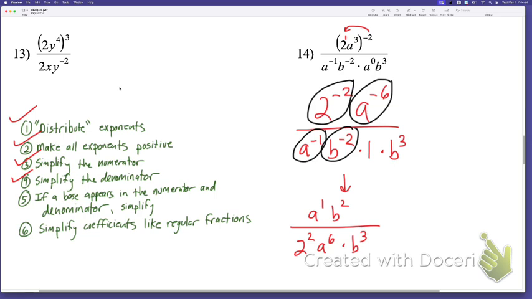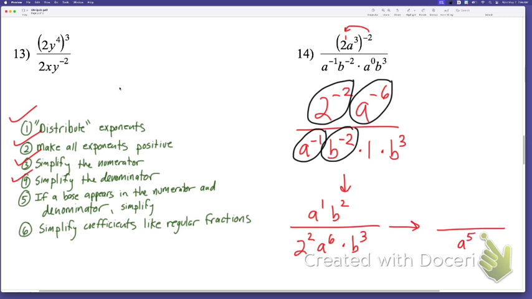I do have a's in the numerator and denominator, so I'll rewrite. Okay, there's 6 in the denominator, 1 in the numerator. There's 5 more in the denominator. So we're going to have a to the 5th in the denominator.